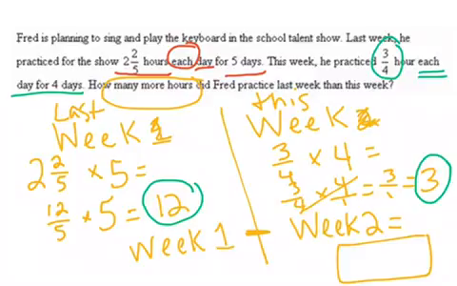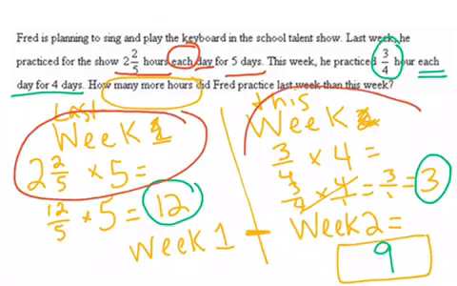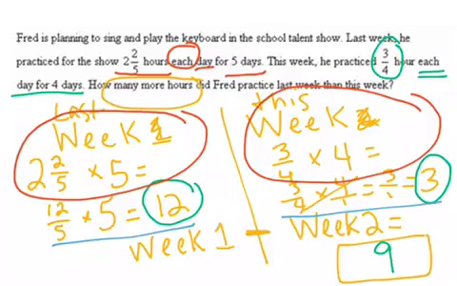But our question is, how many more hours did he practice week 1 than week 2? 12 minus 3 is 9. So now I have gone through the step of finding my answer. I translated my problem by putting these two things down. Then I answered my problem by doing the math, which I had 2 steps. I first had to find the total for each week and then subtract the 2 weeks.